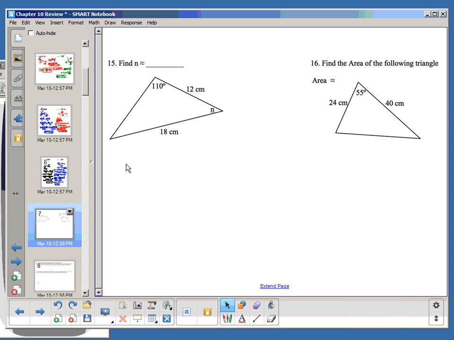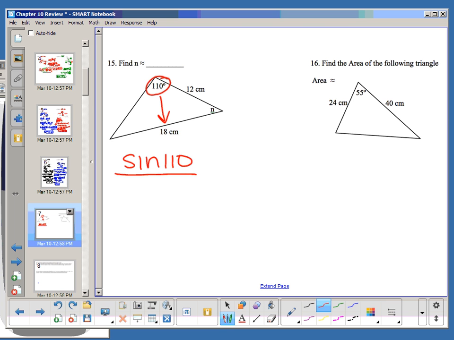Okay, so we're going to make sure we have an angle with its opposite side, so that's going to be our first ratio for law of sines, sine of 110 over 18. And then notice I'm trying to find this angle n, but I also don't know its opposite side. So instead of finding angle n, we'll call this x. I know x's opposite side, so I'm going to find that one first.